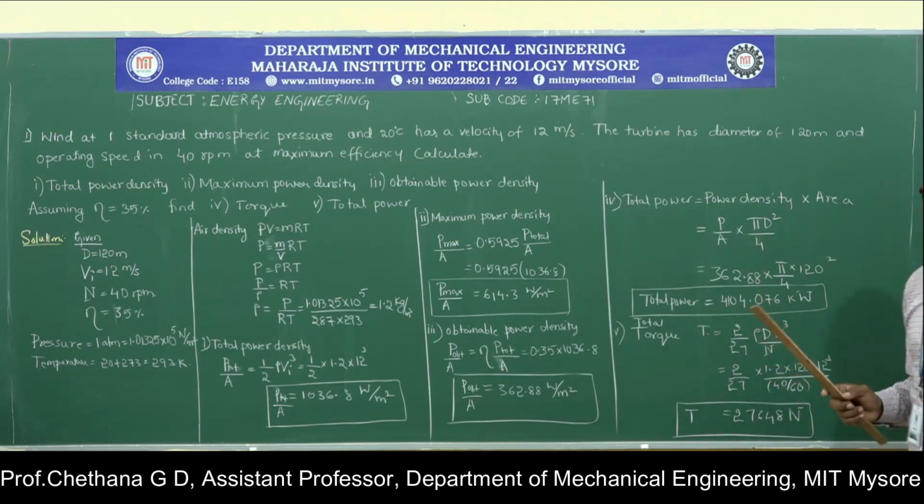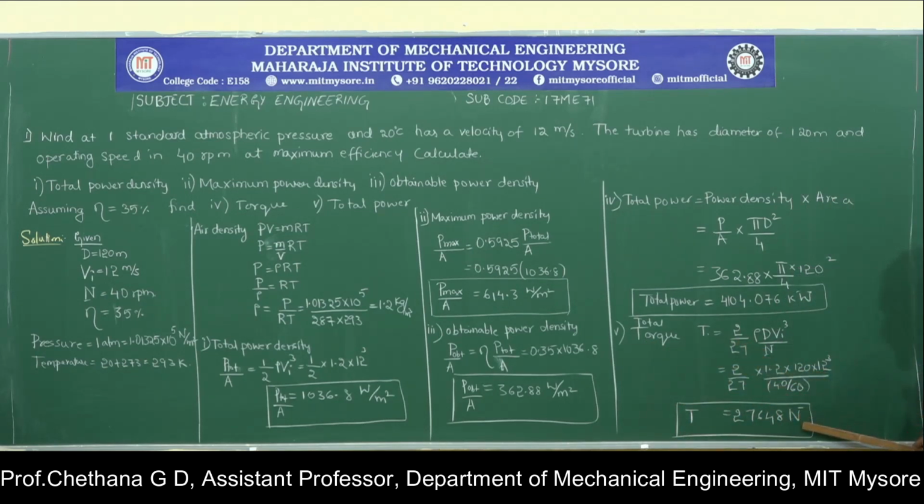Now go to the total torque. Torque also we have derived the formula. Torque is equal to 2 by 27 rho diameter Vi cube by N. Remember, here you are substituting velocity in meter per second. So this value of revolution per minute also has to be substituted in per second, because ultimately we want the unit Newton. Remember, here torque means he is talking about the force, not Newton meter.